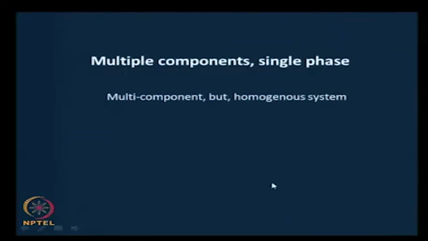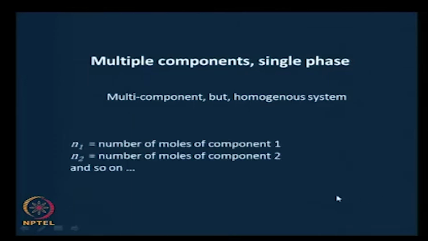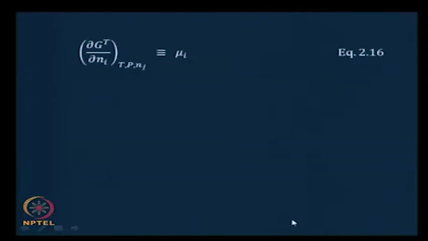Then we looked at multi component single phase systems, or multi component homogeneous systems. We said N1 would be the number of moles of component 1, N2 would be the number of moles of component 2 and so on, and we saw this very fundamental definition: dou Gt dou Ni at constant T, P, Nj is defined as the chemical potential.